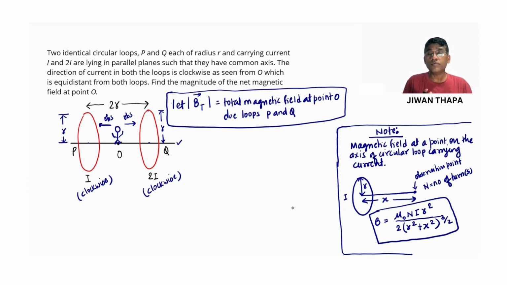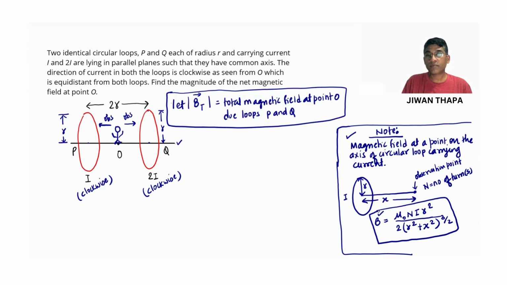And in order to solve this numerical problem, we use this concept: magnetic field at a point on the axis of a circular loop carrying current. So we have a circular loop carrying current I, and R is the radius of the circular loop. And this is a point where we are interested to find the magnetic field, and the point is at X distance from the center of the circular loop.